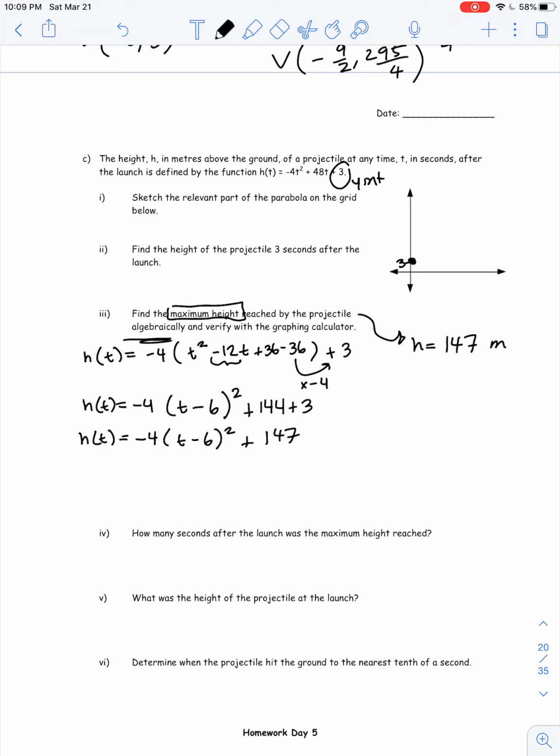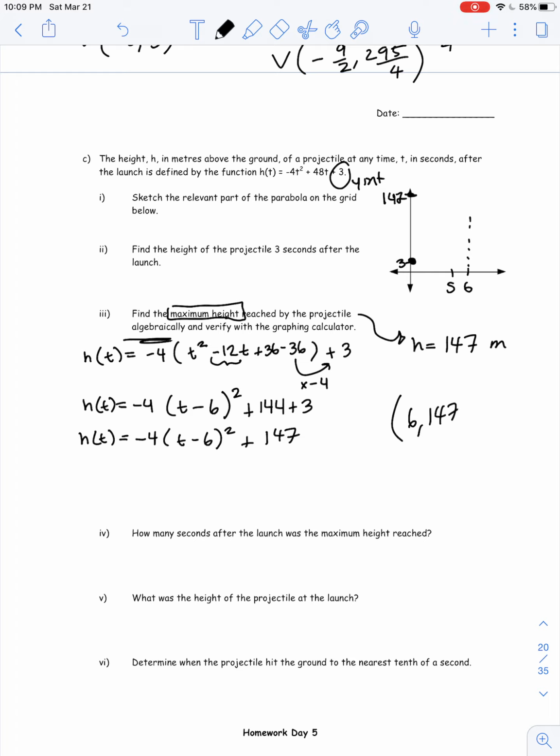Okay, so we verified algebraically. You could always graph it and then go to your graphing calculator and see what the maximum value is to check. The sketch, we know that it's going to occur at the point of 6 and 147. So let's say I have 5 here, 6 would be there, and then we would plot maybe the value of 147.